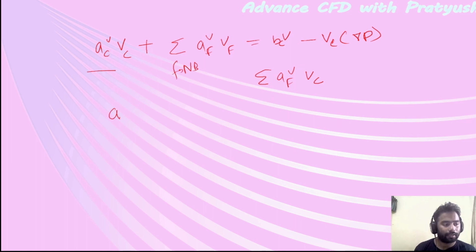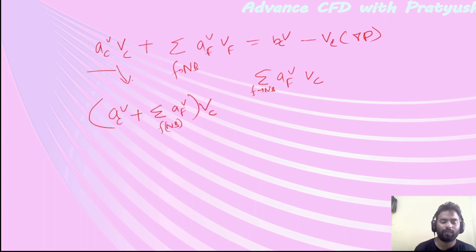So then we can write it as ACV plus the summation over neighboring cells of AFV, into VC.